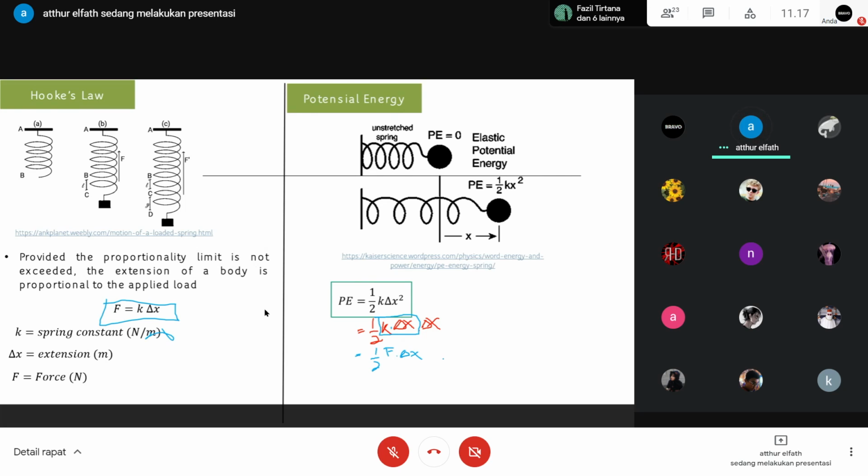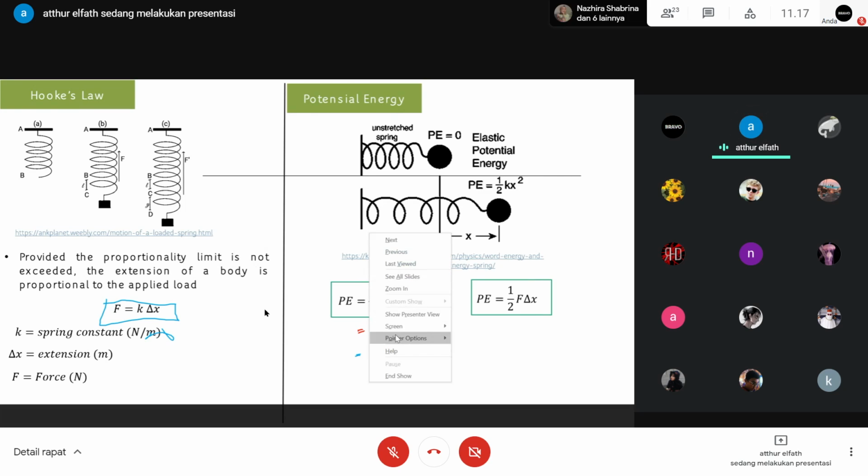Okay, so that's why I told you there are two formulas of potential energy. Sometimes you can solve the questions using this formula, and sometimes you must use this formula. Yeah, so it depends on the information you obtained from the questions.